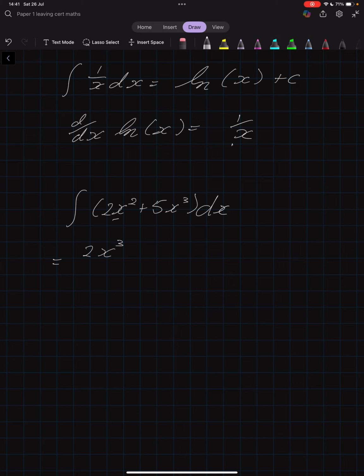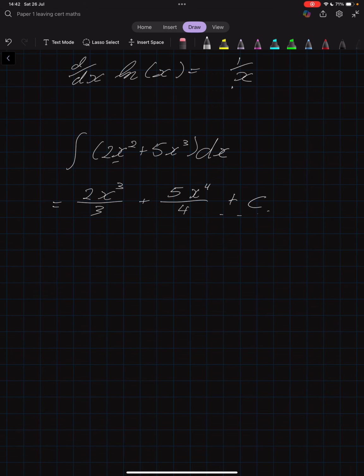You add 1 to the power and then you divide by the new power. So the new power is 3, so you divide it by 3. It's 5x cubed, so you add 1 to the power, so it's x to the 4, and you divide by the new power, so you divide by 4. And then remember, you just add c, so you can add any constant. Okay?